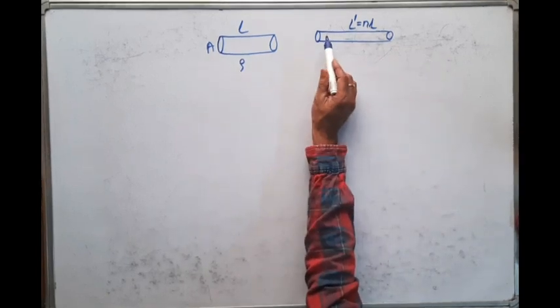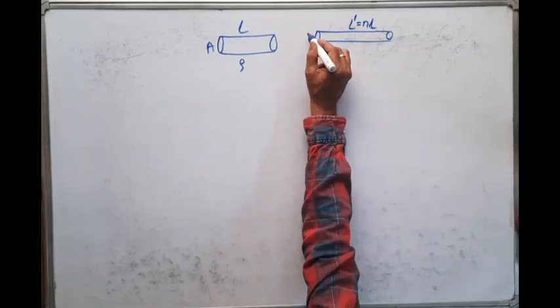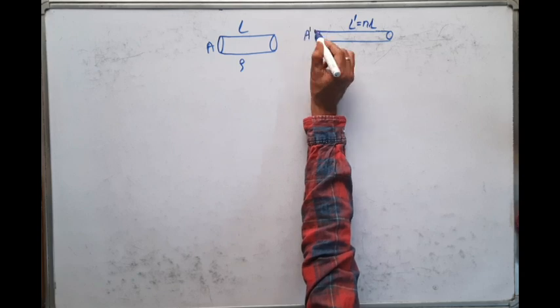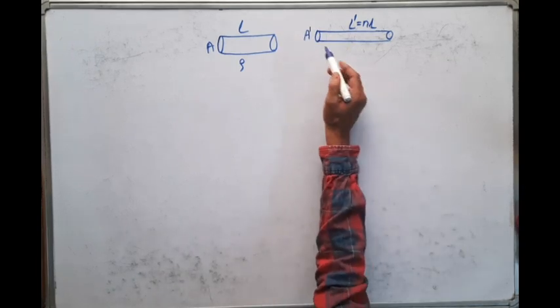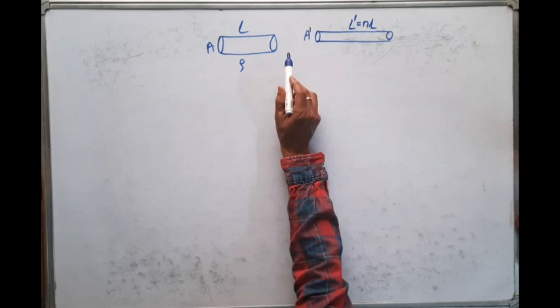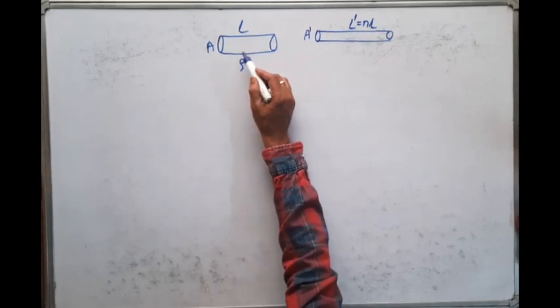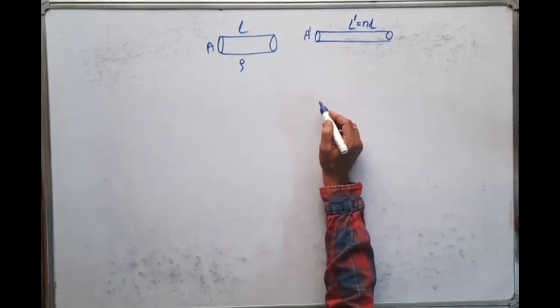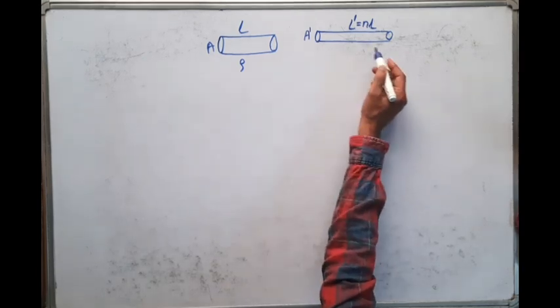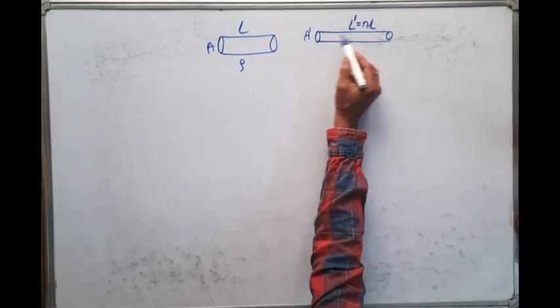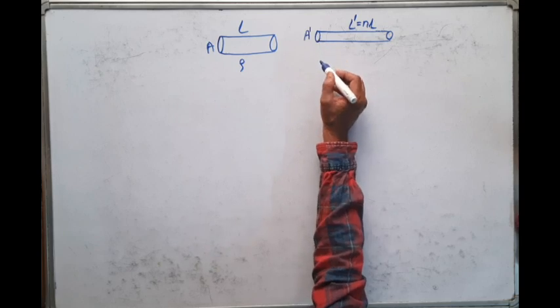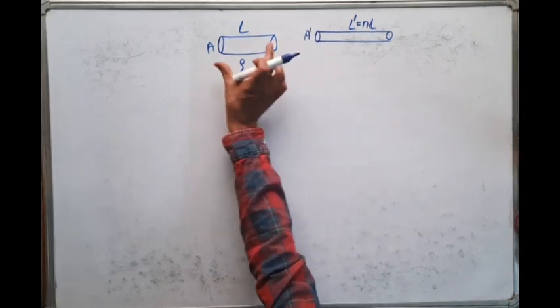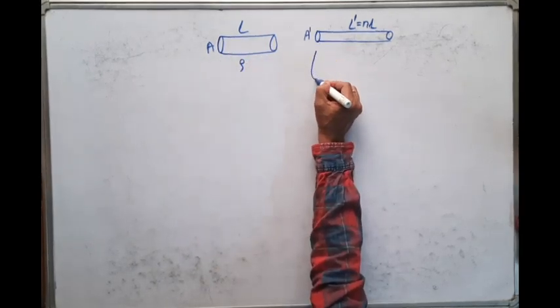But you see, if length increases, definitely the area will decrease. Because what is the concept? The concept is that the total volume of the material will remain constant. So by stretching, if length increases, area will decrease. If I compress this conductor, then what will happen?